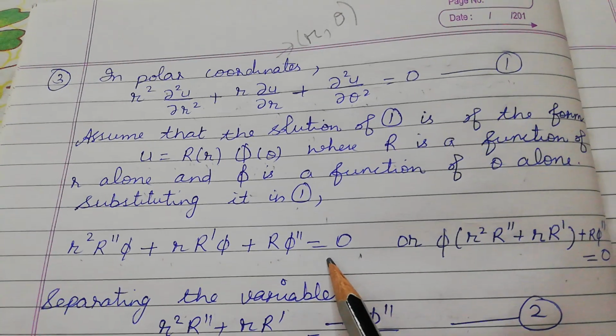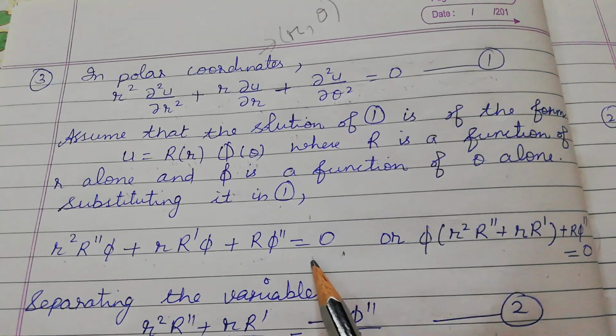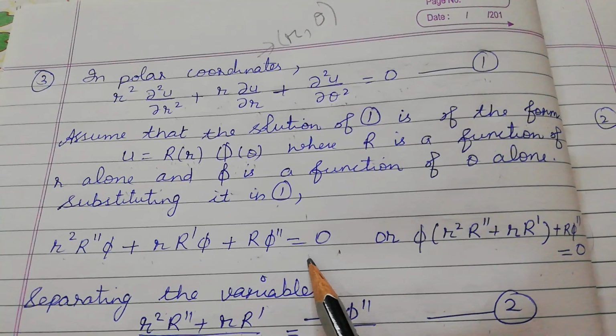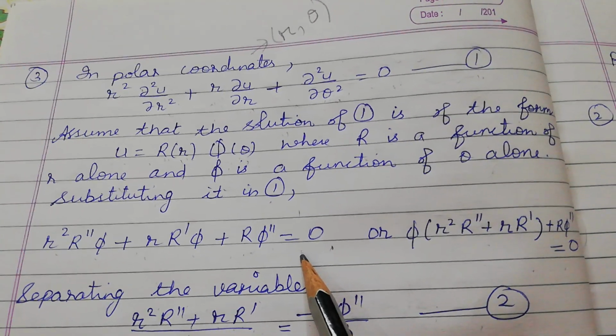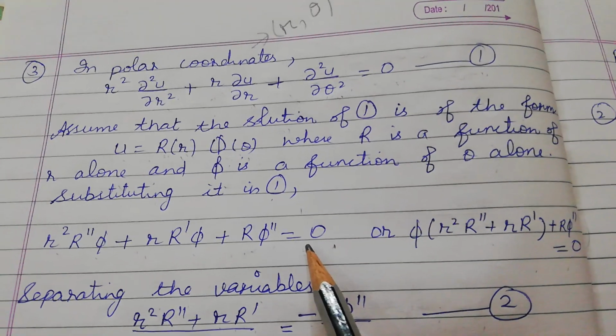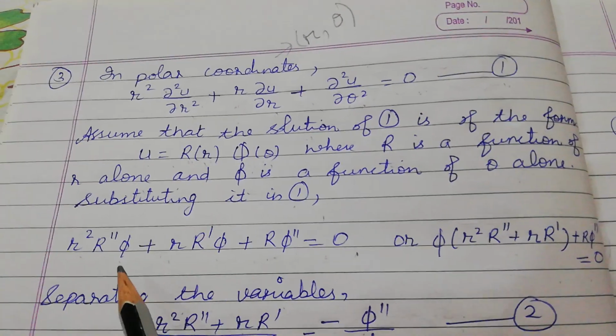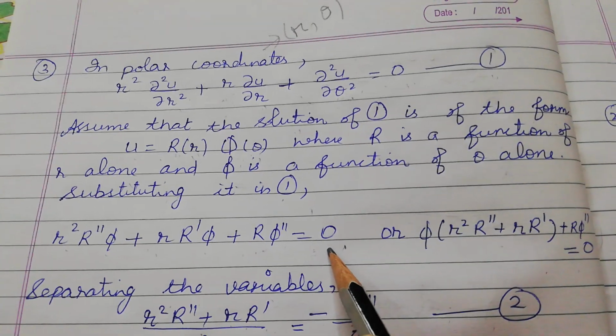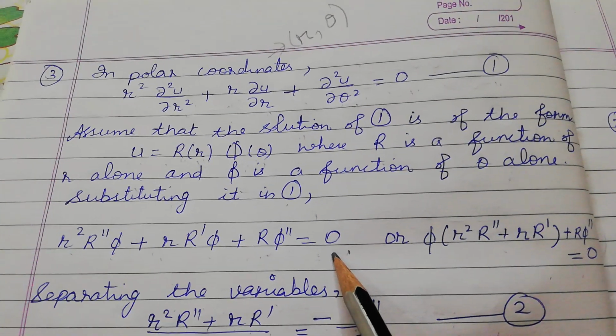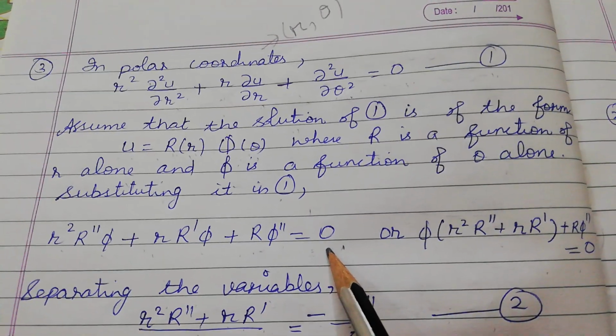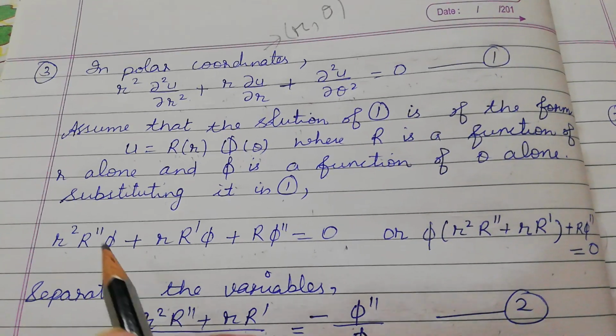You know this method, you have done this to find the solution for your heat equation, wave equation, then Laplace equation for 2 and 3 dimension. Okay, the same method of separation of variables. Fine. So now we have written it like this. Now what to do? We have to separate the variables. For example, look at these two terms.